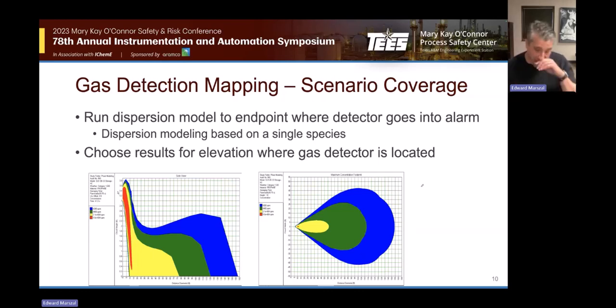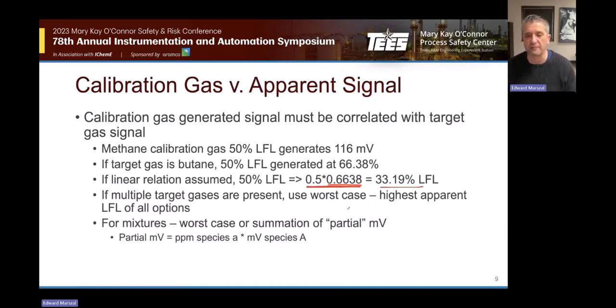But essentially for gas detection mapping, what we do is we run dispersion models of releases of the gas and see how the release rate, the release elevation, equipment impingement affects what the gas cloud looks like.